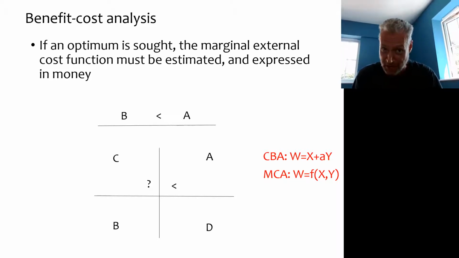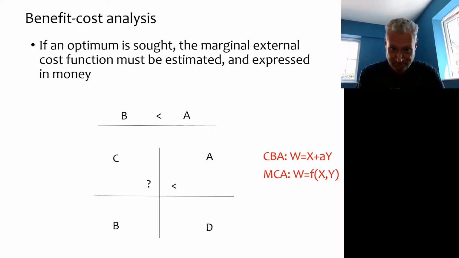And the main difference between a cost-benefit analysis and a multi-criteria analysis is that a cost-benefit analysis is based on a linear approximation of your welfare function, of your utility function, whereas a multi-criteria analysis is based on a non-linear approximation of that utility function or that objective function or that welfare function, whatever you want to use it. And I emphasize that it's an approximation as well, because of course we do not know exactly what people care about.